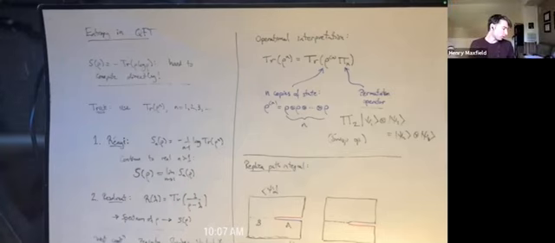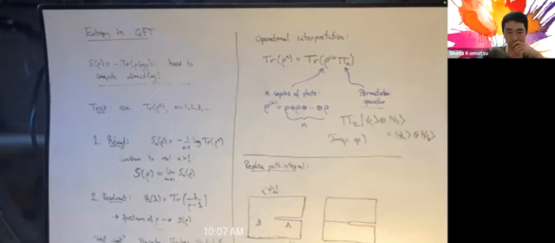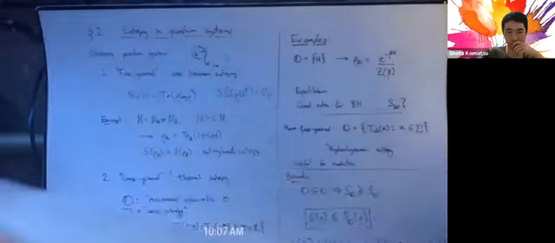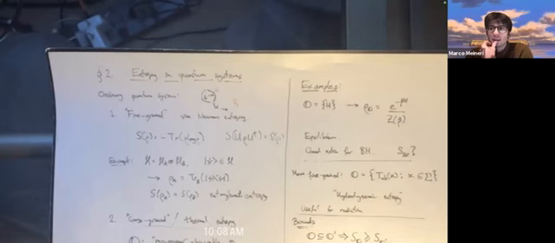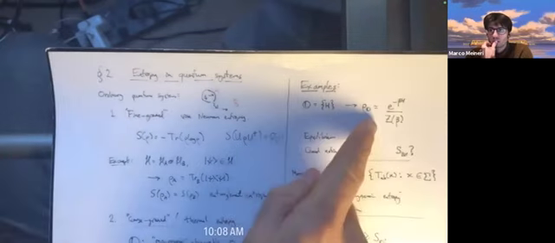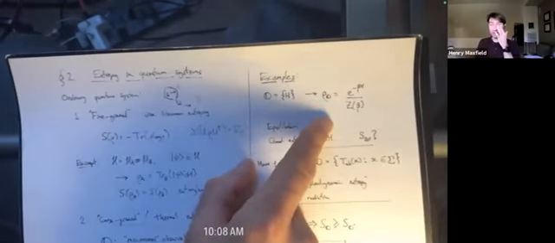Let's see. This may be related to the relative entropy between the actual state and maybe the thermal state, for example, and some coarse grained state.